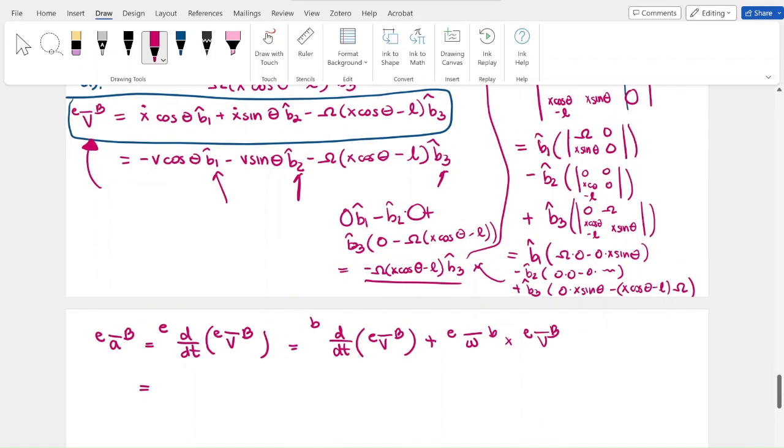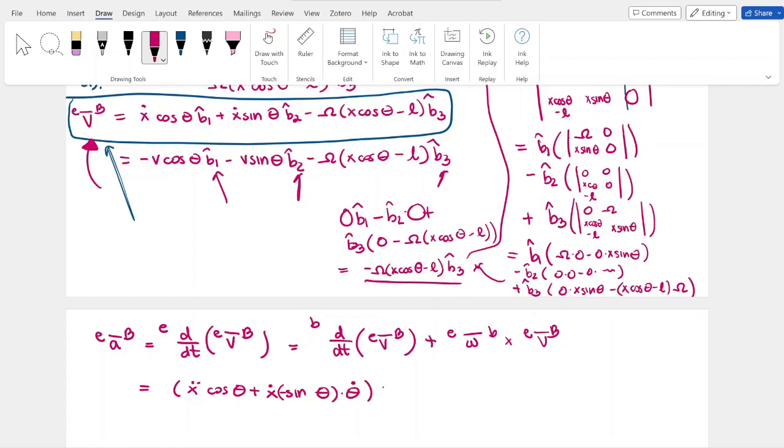Oh, this is going to be fun. Okay, so we have x dot cosine. I'm going to forego some of the writing here and just assume that you know that VB is going to be equal to this. So what is the derivative of that? We do product rule. x double dot cosine theta plus x dot sine theta times negative sine theta times theta dot.